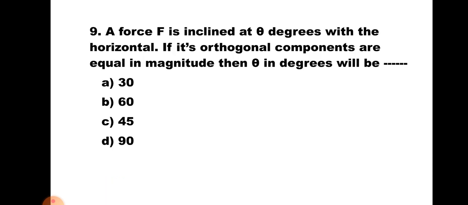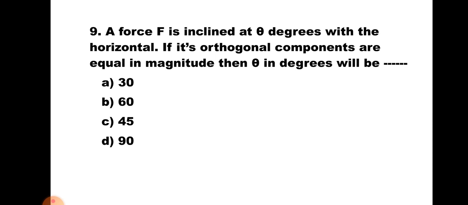Question number 9. A force F is inclined at theta degrees with the horizontal. If its orthogonal components are equal in magnitude, then theta in degrees will be dash dash dash. A, 30, B, 60, C, 45 and D, 90. Now let us try to understand what is given in this question. A force is given which is inclined at theta with the horizontal.